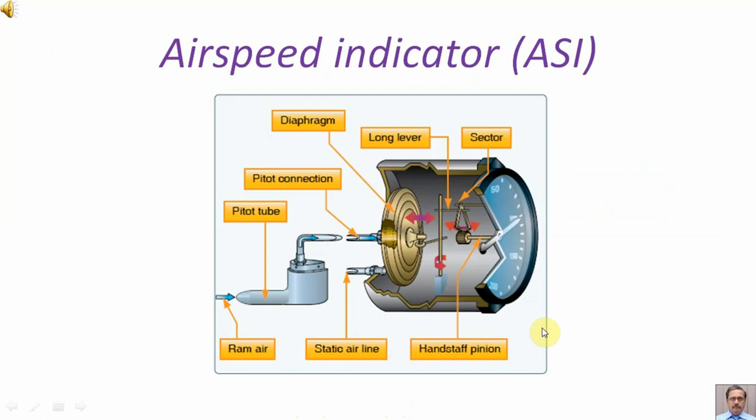Airspeed indicator, ASI. This diagram shows the construction feature of the airspeed indicator. Here we can see a diaphragm capsule which is connected with the pitot tube, that is pitot pressure, and the chamber of the airspeed indicator is connected with the static air line.